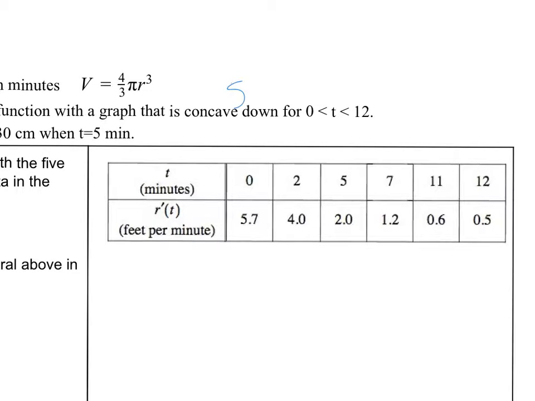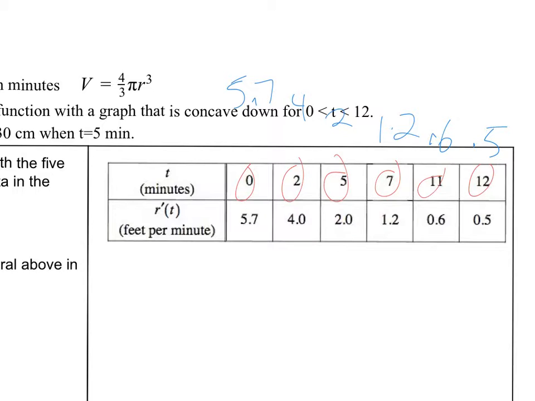And so I know this is 5.7, and then this is 4, and this is a y value of 2, and then a y value of 1.2, and then a y value of 0.6, and then a y value of 0.5. And I'm going to be making rectangles. So if there's 1, 2, 3, 4, 5, 6, I can make 5 rectangles.